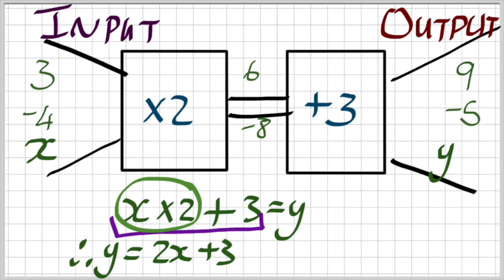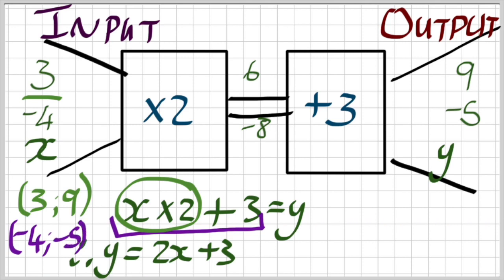So what I would like you to take from this sketch is a few things. First of all, when I take 3 as my input value, my output value is going to be 9. So I've got a set of coordinates, x and y. I can do the same with the -4. Input -4, output value -5.